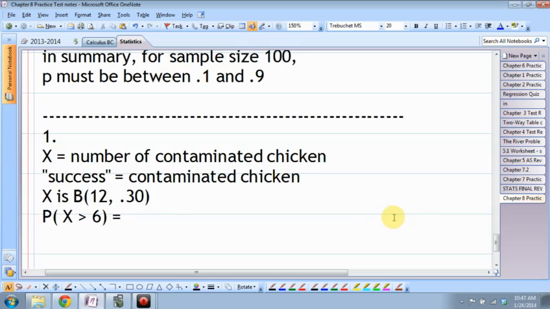Let's think about which quantities of contaminated chicken. Greater than 6 means 7, 8, 9, 10, 11, 12. So what we are looking for then is the complement of that set, 7, 8, 9, 10, 11, 12. And that complement is less than or equal to 6.